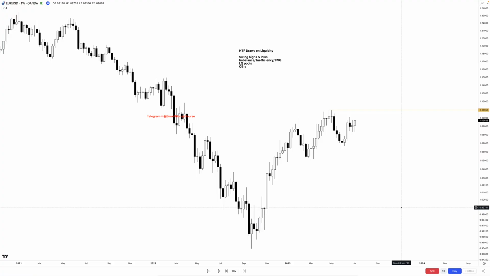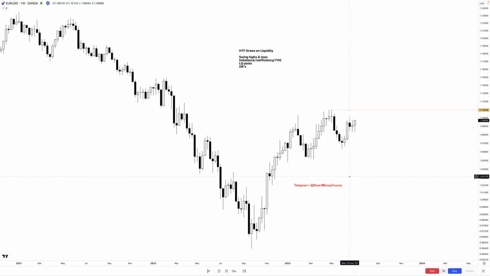So what we need to understand is when we're looking for draws on liquidity, it's going to help us understand, are we going to be looking for continuations towards a draw on liquidity, or have we hit a liquidity objective? Because if we're trading towards a clear liquidity objective, whether that be a swing high like we're seeing here, then we know that we want to be looking for buys.